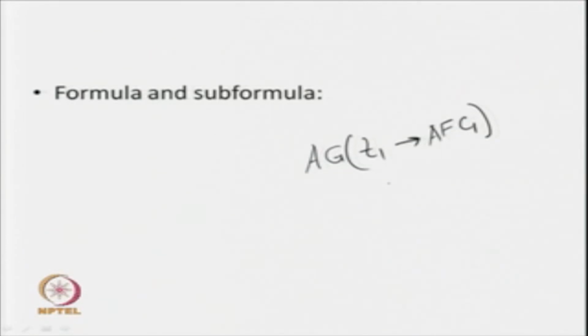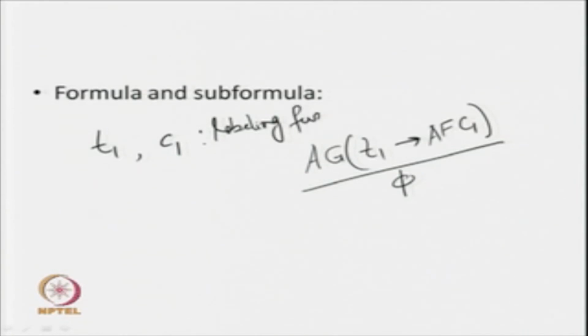Now, in this particular case, when we look at this formula phi, we have to come up with all the sub formulas of phi. Here T1 and C1 are atomic propositions, so they will be CTL formulas. We are going to say that these are 2 CTL formulas, T1 and C1. Since these are atomic propositions, we have the labeling function.